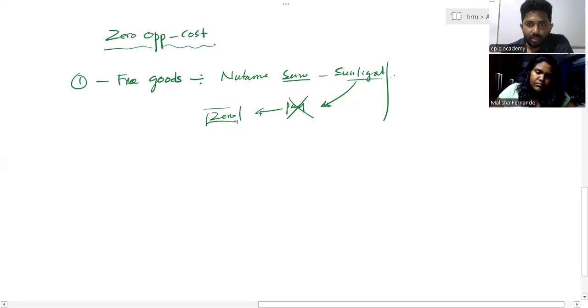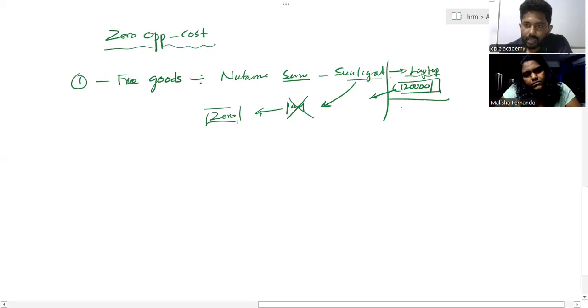Okay, I will explain that by using a simple example. So just consider your laptop. Okay, you already bought it. Just consider the value of this laptop is 1,20,000. So you already bought it and you sacrificed some consumption, your choice and your preference, to buy this particular laptop.